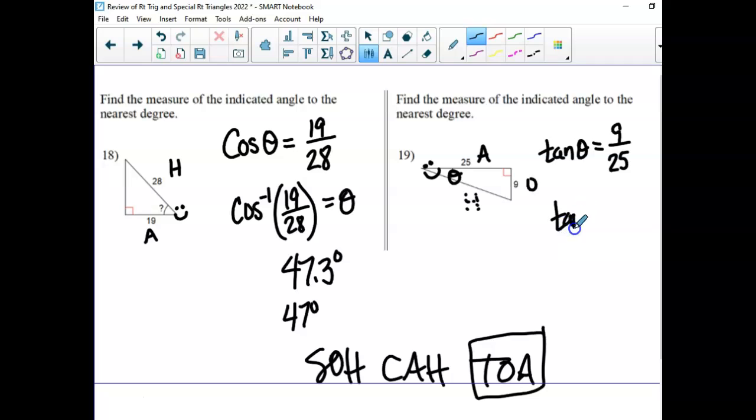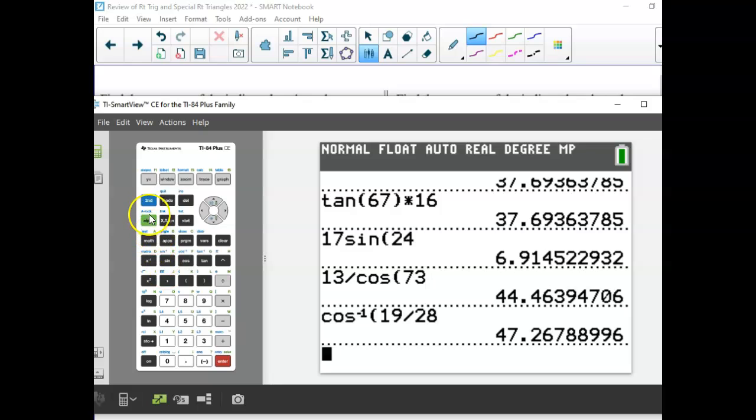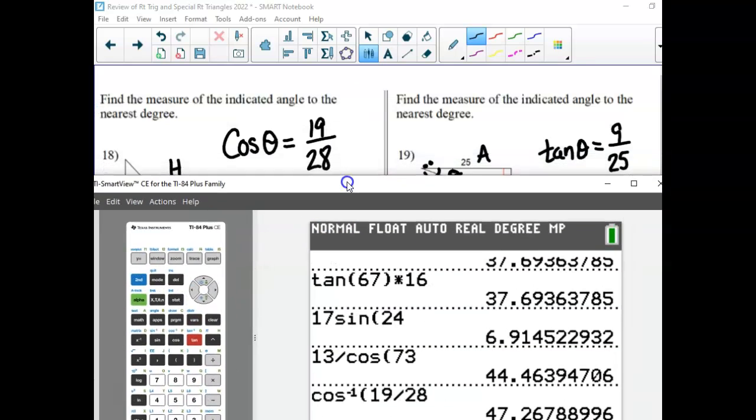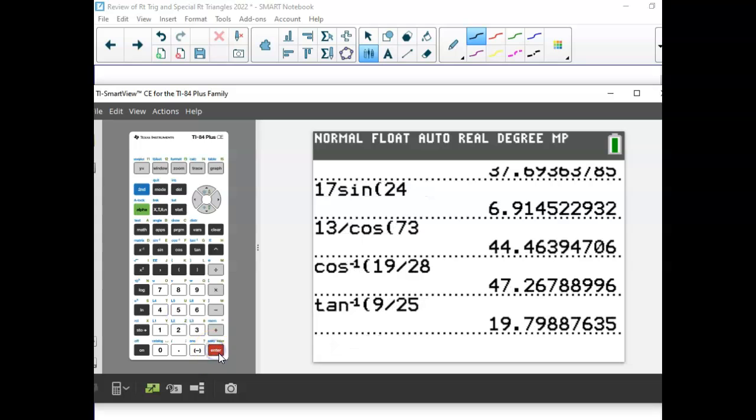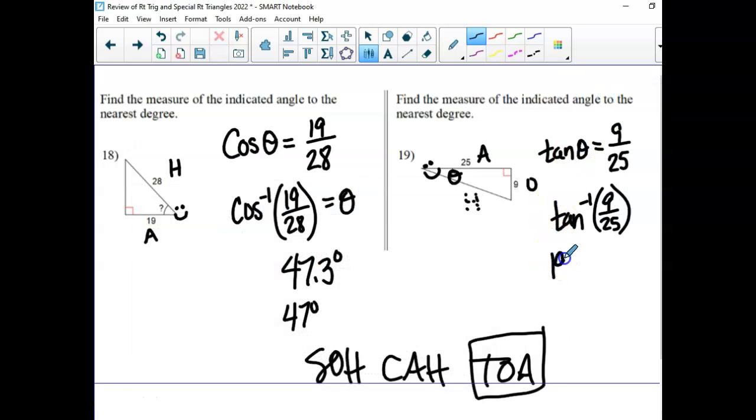So I'm going to type it as the inverse tangent of 9/25. This is when you are finding an angle. To find an angle, you always have to use the second, then the tangent, then this was what? I already forgot the numbers. 9 over 25. So I got 19.8. Or to the nearest degree, it would be 20 degrees.